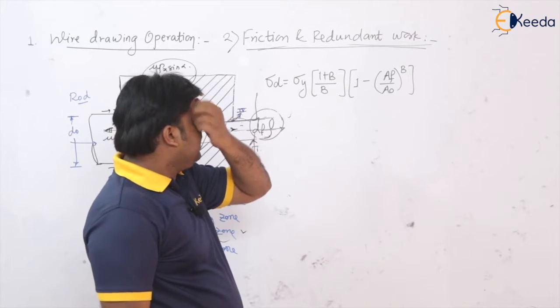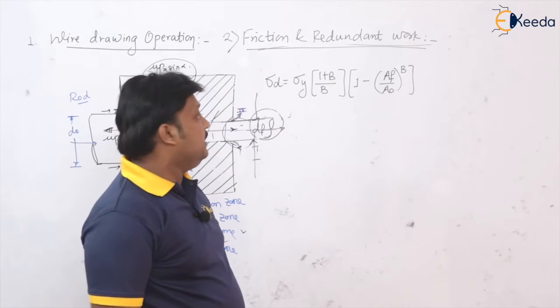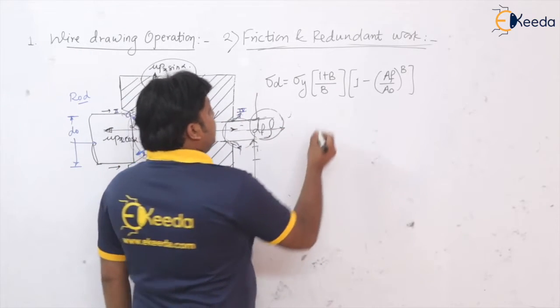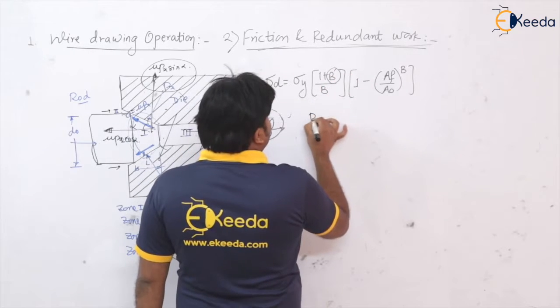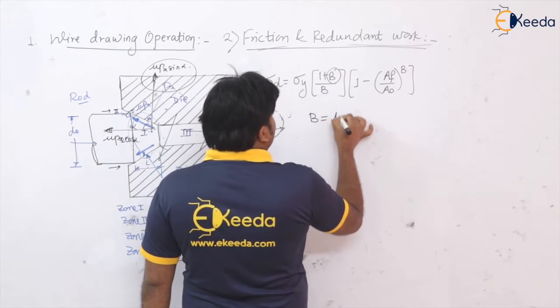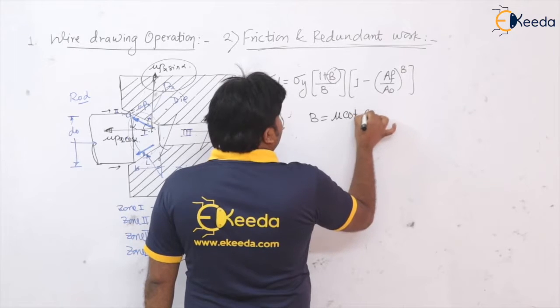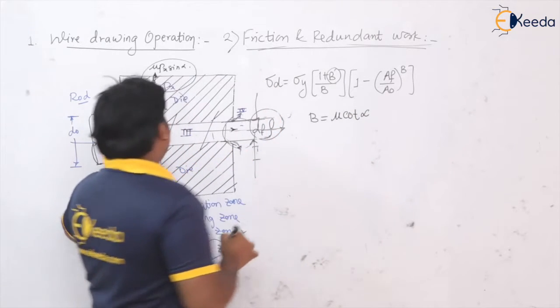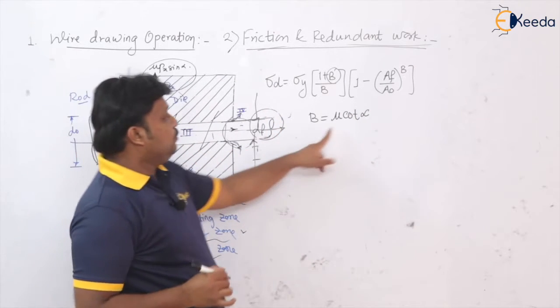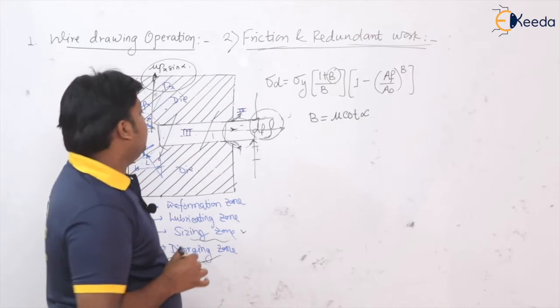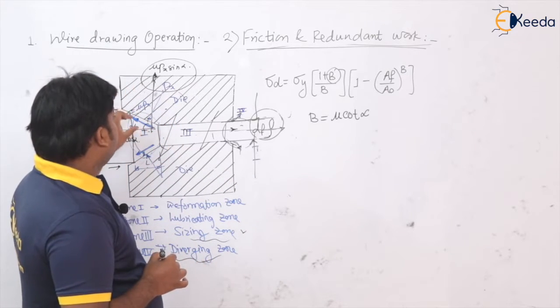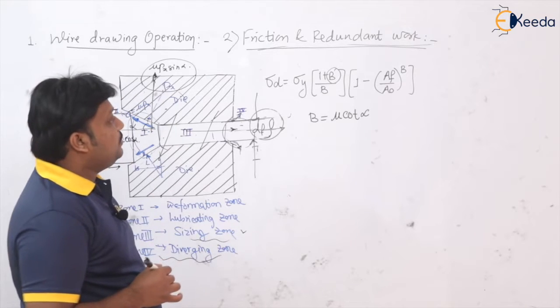But no need, you just keep this formula in mind. Where, what is this B? B is a constant, say it is equal to mu cot alpha. Alpha is what? Half the die angle, and mu is what? Coefficient of friction at the interface of the die and workpiece.